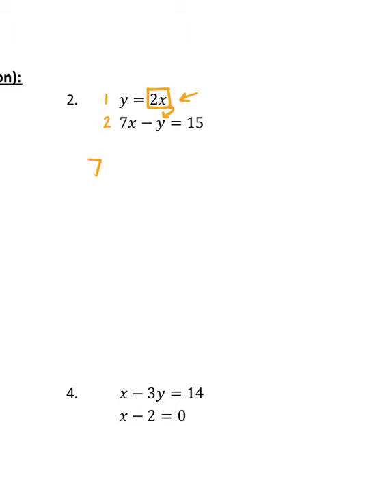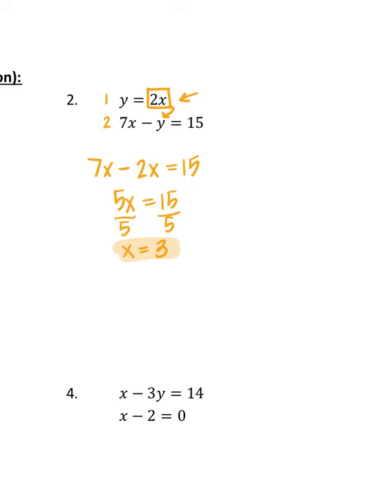So now I have 7x minus 2x equals 15. 7x minus 2x gives me 5x equals 15. And I just divide by 5 to get x by itself, and I get x equals 3.